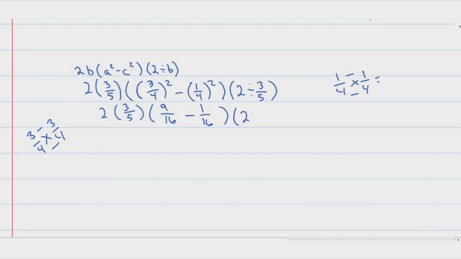Let's really quick change this division to multiplication and take the reciprocal, or flip the 3/5 to 5/3. That way we can see it really quick too, and it'll be a little easier to look at. So now we end up with 2 times 5/3. Now 9/16 minus 1/16 is going to equal 8/16.